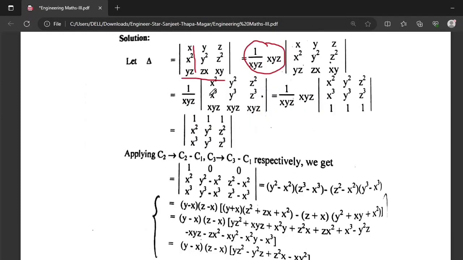Now taking xyz common from this R3, 1 by x, xyz already here, and taking common xyz, this xyz cancels this xyz, remaining is this.